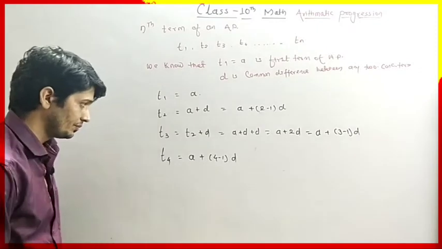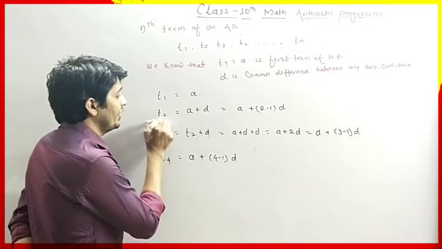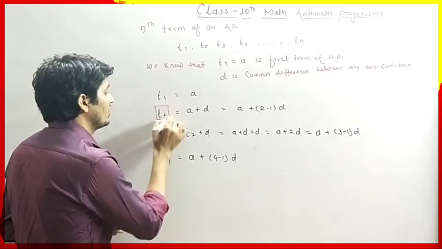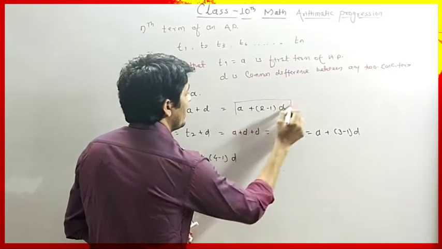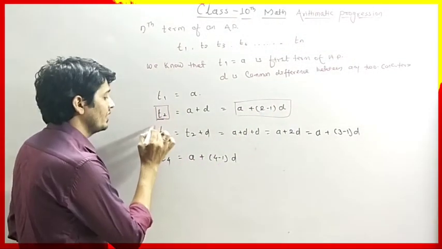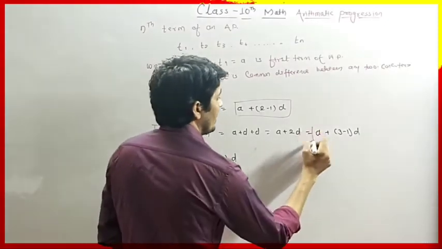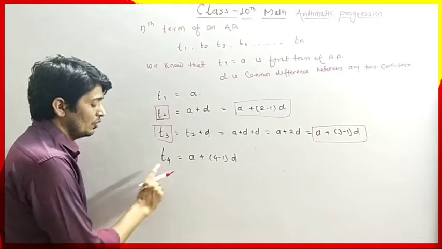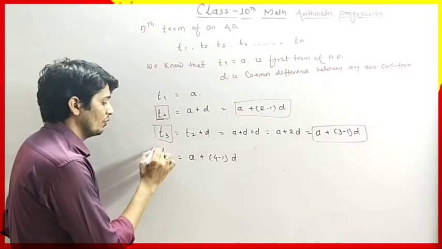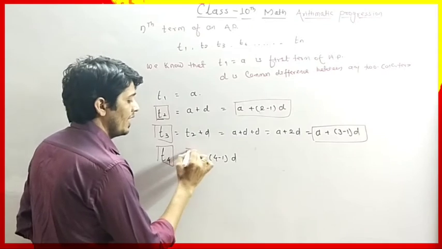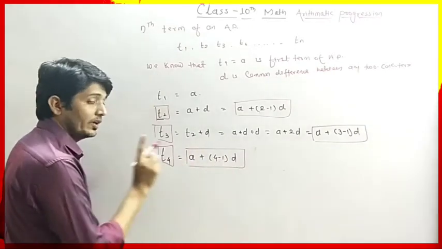Now for t2 we have a plus 2 minus 1 into d. For t3 we have a plus 3 minus 1 into d. For t4 we have a plus 4 minus 1 into d.